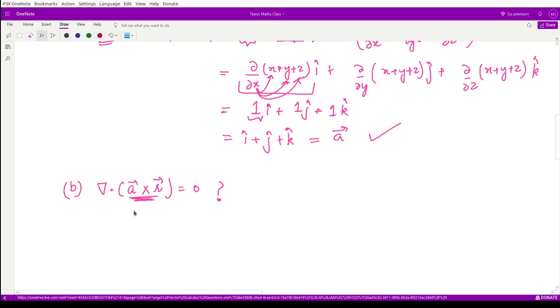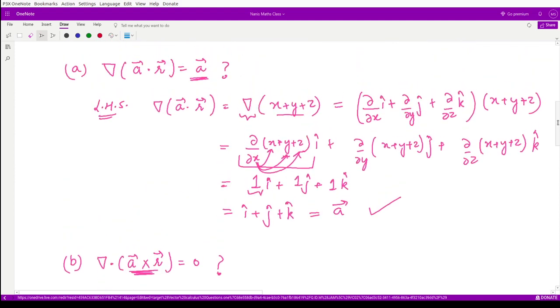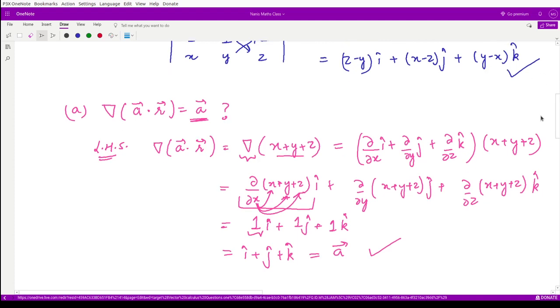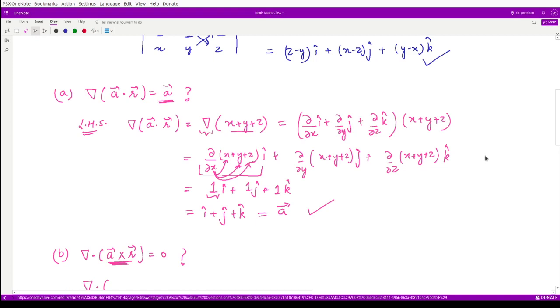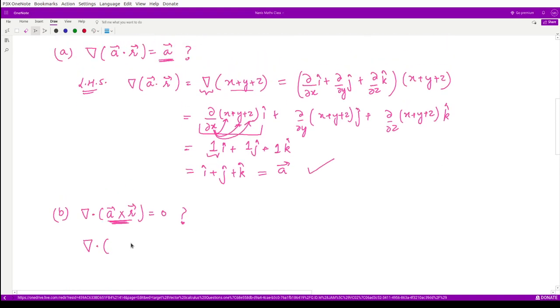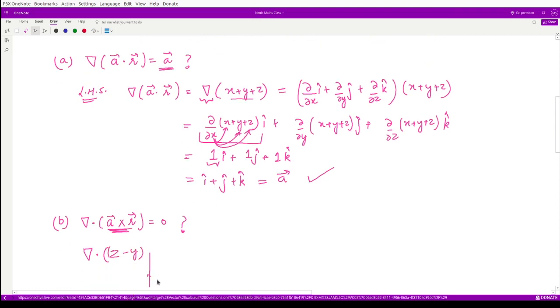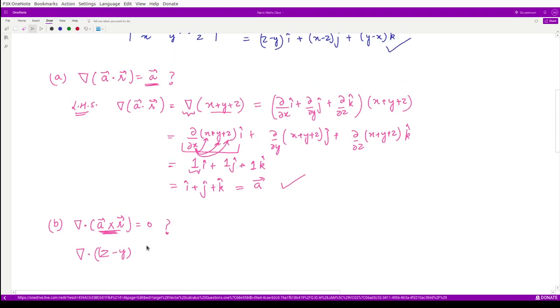So what is your vector A cross vector r? The vector A cross vector r, we have calculated this to be equal to z minus y i cap plus x minus z j cap plus y minus x k cap.